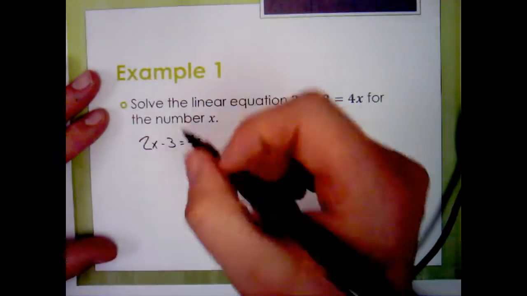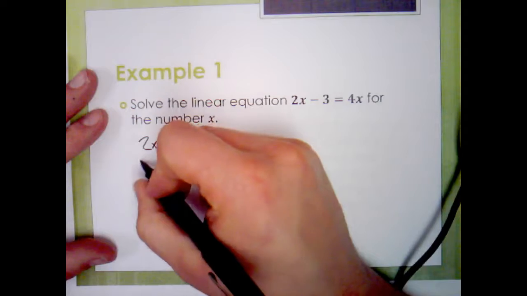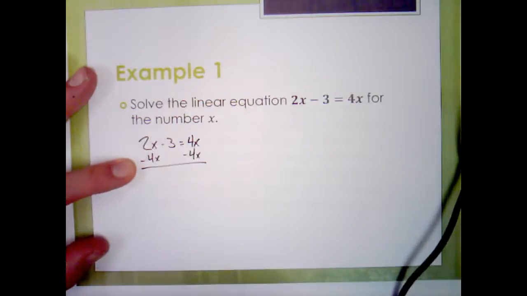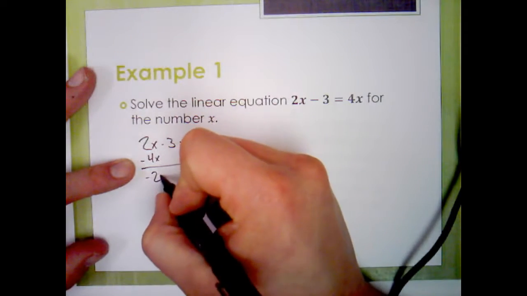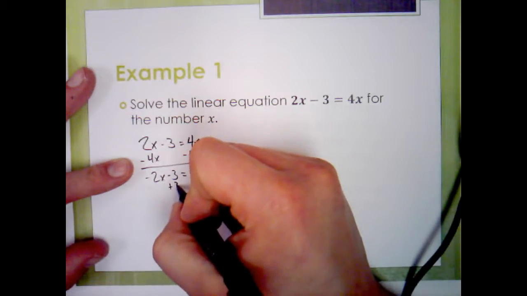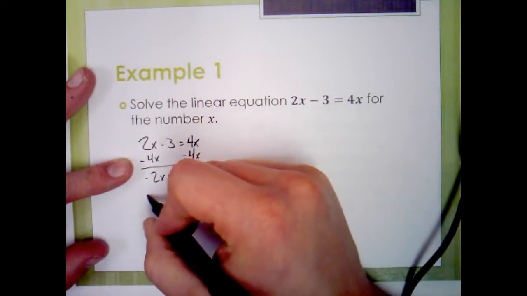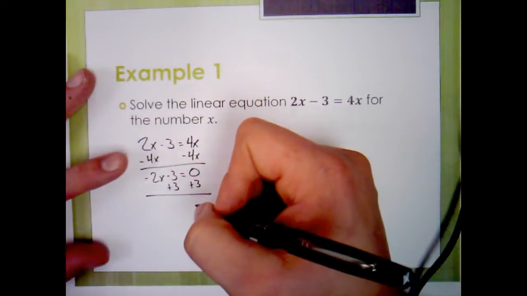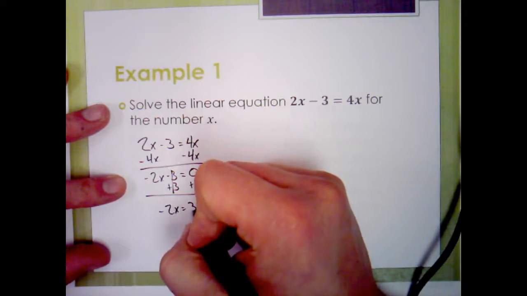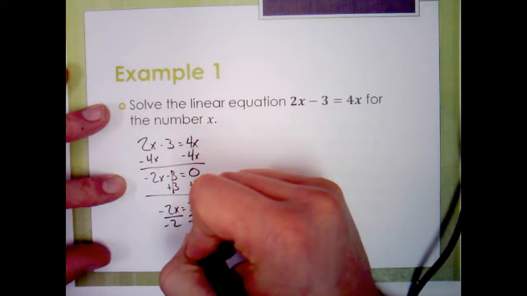Okay? So if I subtract 4x from both sides, I end up with 2x minus 4x is negative 2x minus 3 equals 0. Now I need to add 3 to both sides. Okay, inverse operation. These cancel. Negative 2x is equal to 3. Divide both sides by negative 2.